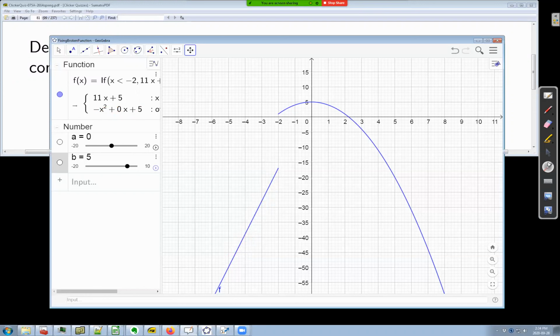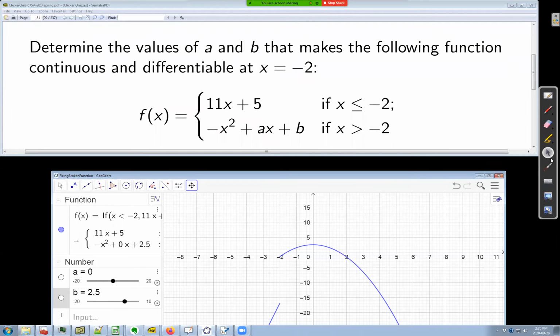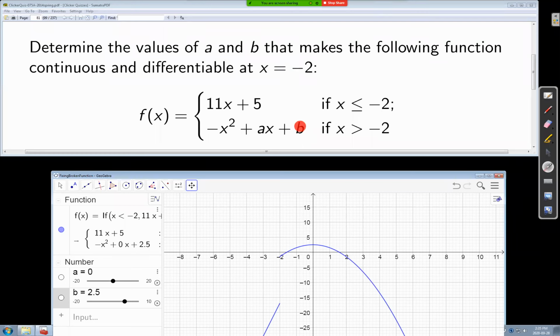but we can change the values of a and b. Right now, b is 3.5, but I can change that value. Like in the original problem, the a and the b are allowed to change.